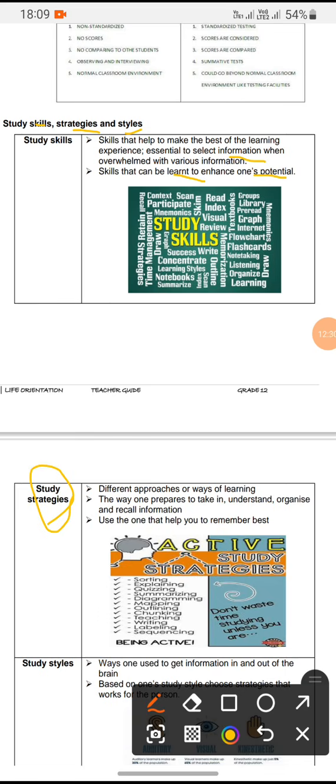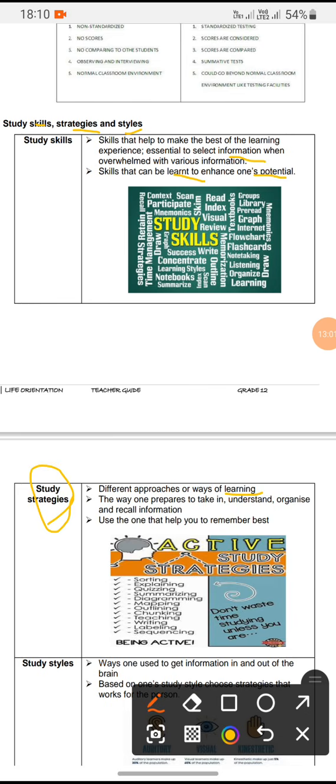Study strategy, right? A strategy is finding a way to approach something, to find the best way in which you can be successful in something. So different approaches, ways of learning, that's your strategy. Study strategy is different ways or different approaches of learning, right?